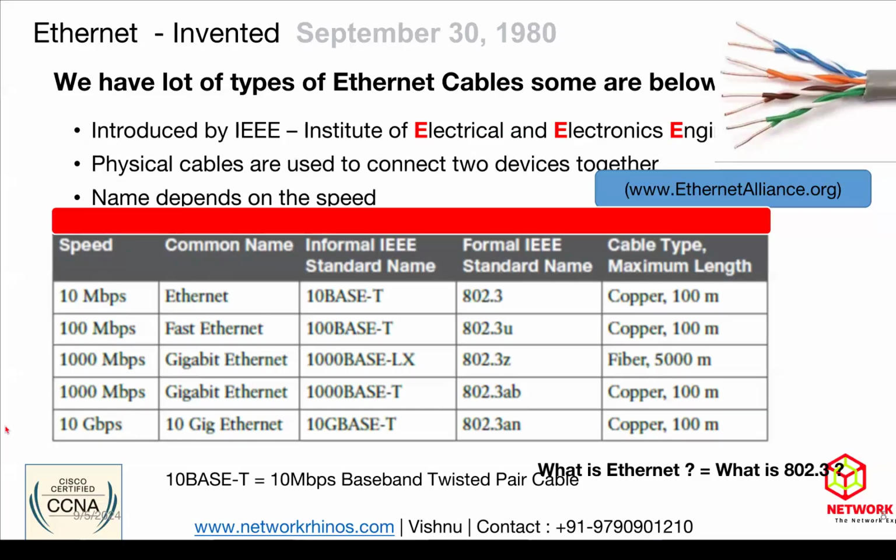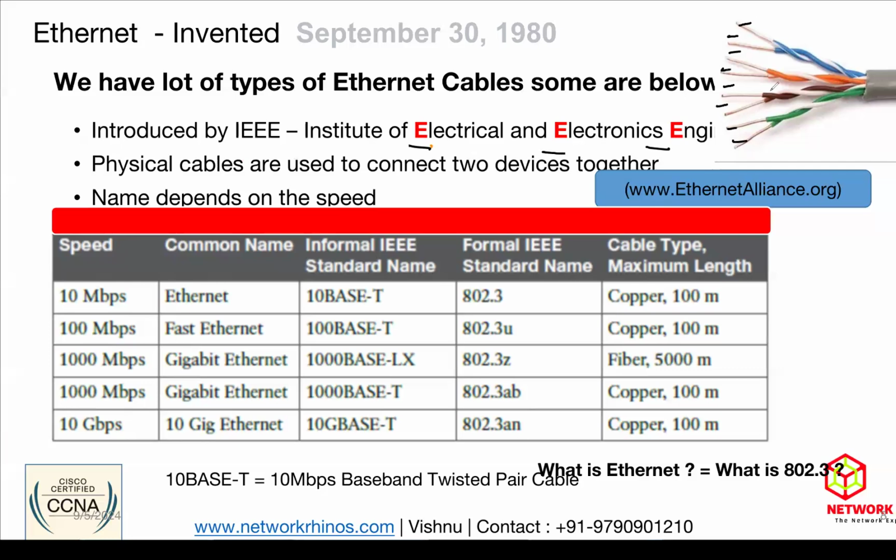Now, Ethernet was introduced by IEEE, the Institute of Electrical and Electronics Engineers. Now you might be wondering, I am into CCNA and IEEE is mostly the electronics and communication department, why did IEEE come here? Because of these copper wires.